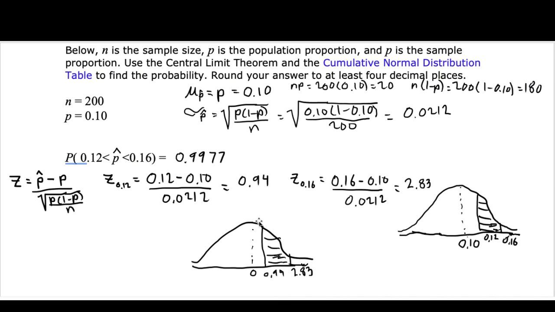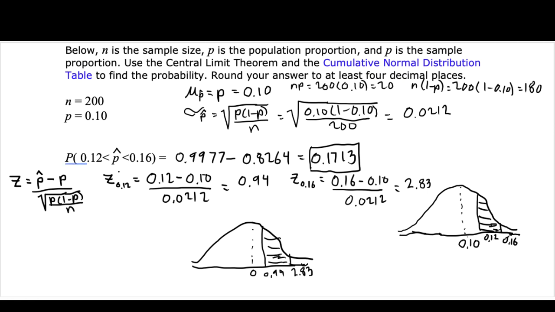Now I'll come back over here, and I'm going to subtract 0.8264. When you subtract those, you should end up with 0.1713. That's the area in between, and that is the probability being asked for.